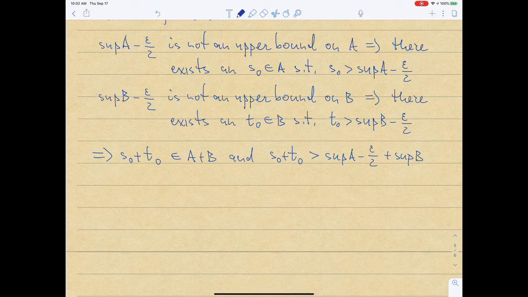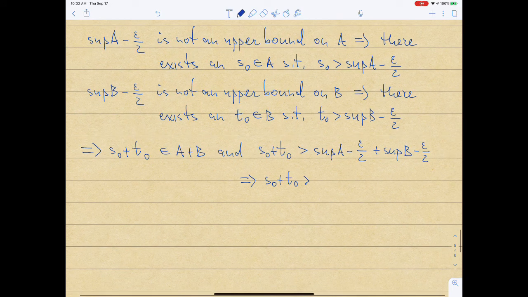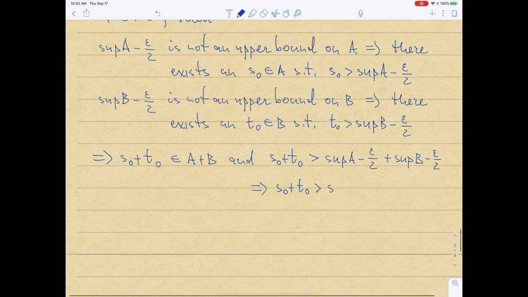Because individual S0 and T0 are bigger than these numbers. And if I add these, I'll get S0 plus T0 is greater than sup of A plus sup of B minus epsilon.